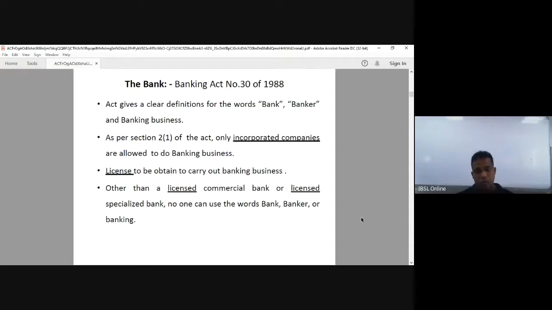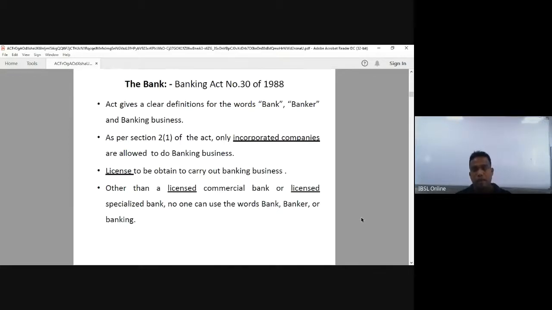You have to incorporate a company, then obtain a license. Other than the licensed commercial banks or licensed specialized banks, no one can use the word banker, bank or banking.